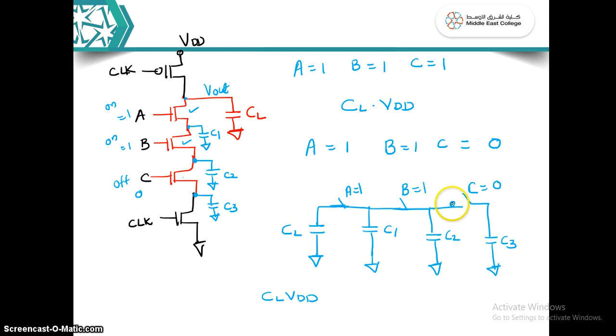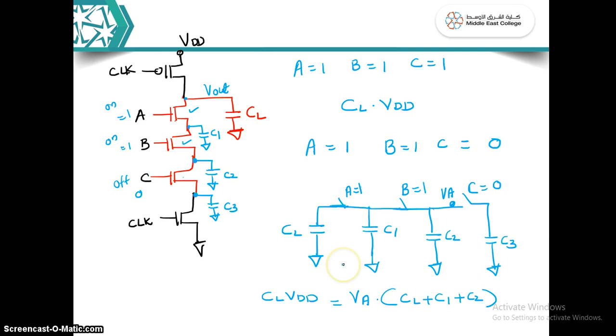Assuming a voltage VA comes here after redistribution, the charge equals VA multiplied by the capacitances CL, C1 and C2.